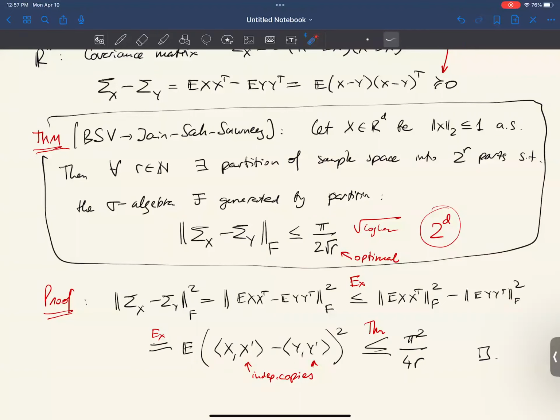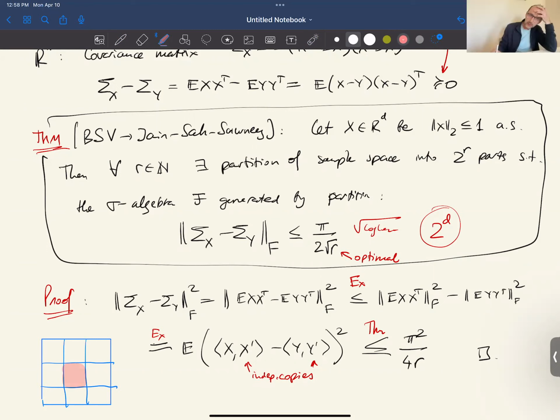So how to imagine what you're doing? You have a matrix, you split the rows and columns into some special subsets, such that if you look at every block, you have an estimate of the Hilbert-Schmidt norm of the block and the average, right?